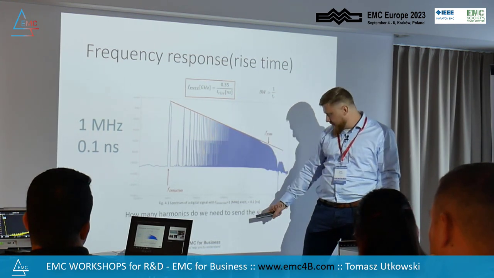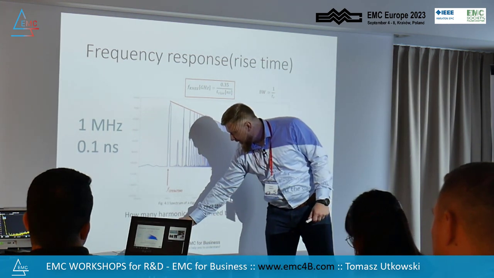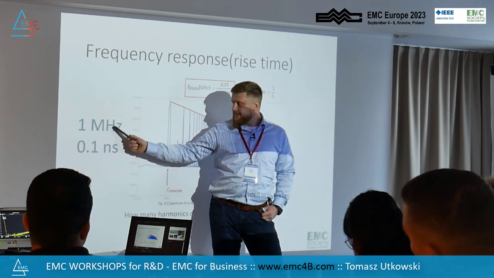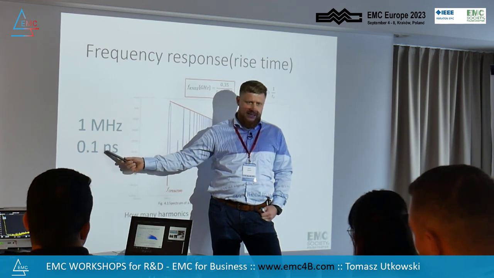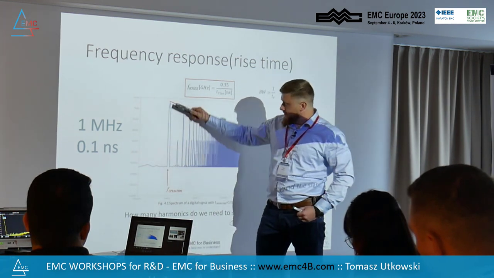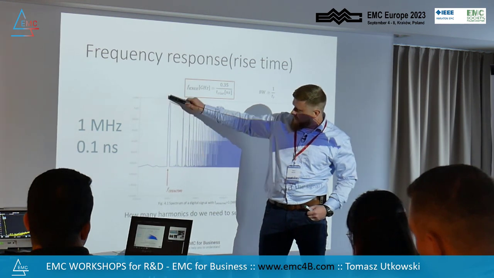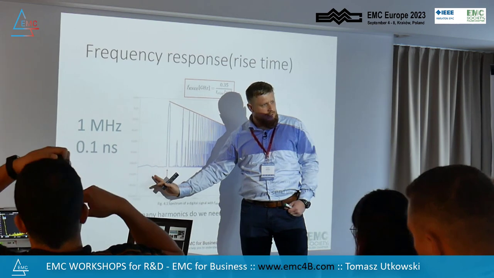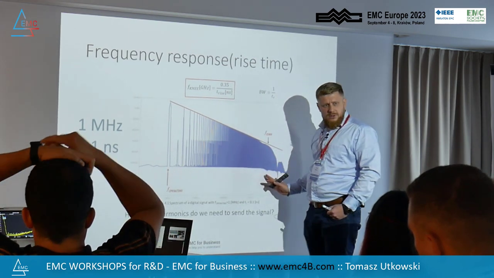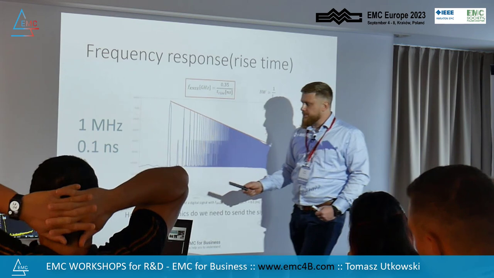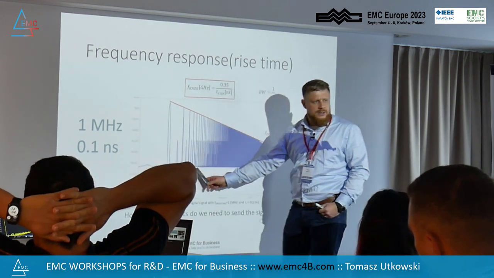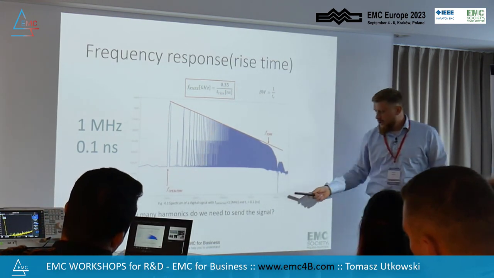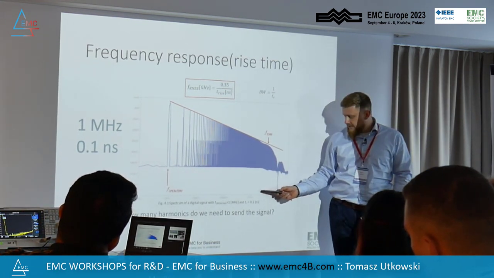And this is our spectrum in the frequency range. This is a literature example. We've got a 1 megahertz square wave and 0.1 nanosecond rise time. Here is our operating frequency, 1 megahertz. So how far does the spectrum go when we've got 0.1 nanoseconds? From 1 megahertz to gigahertz. Here we've got 2 gigahertz.